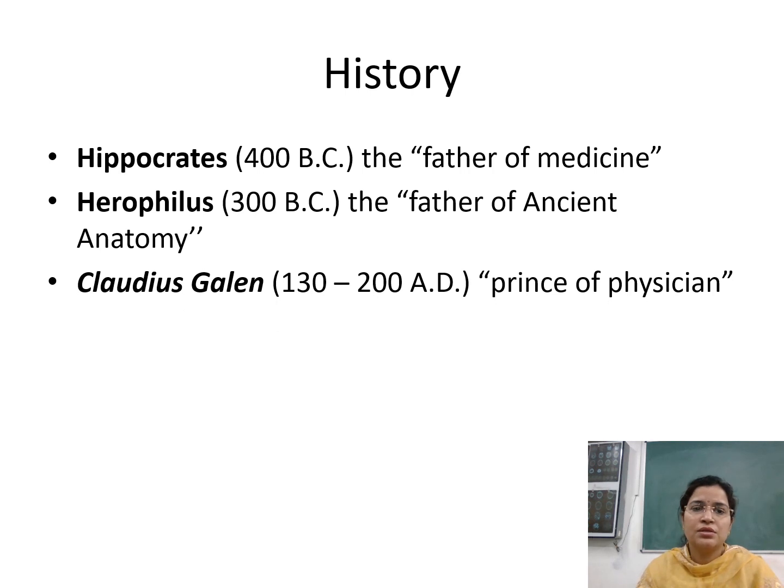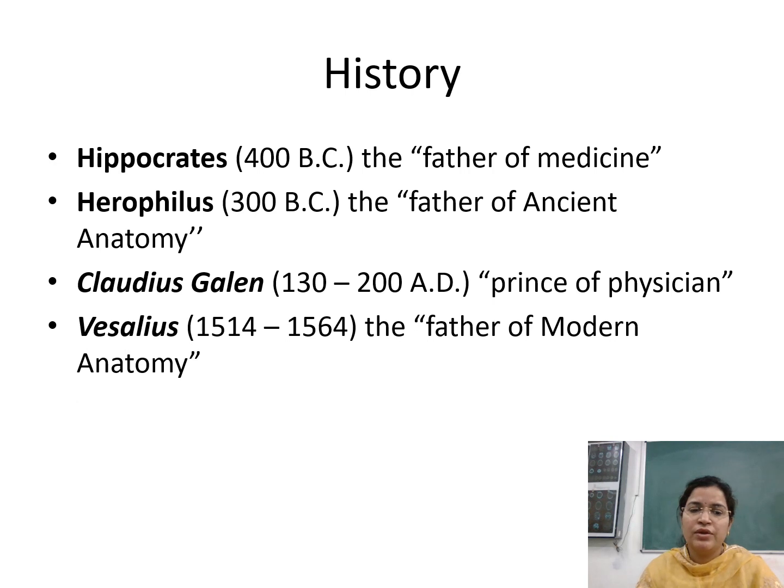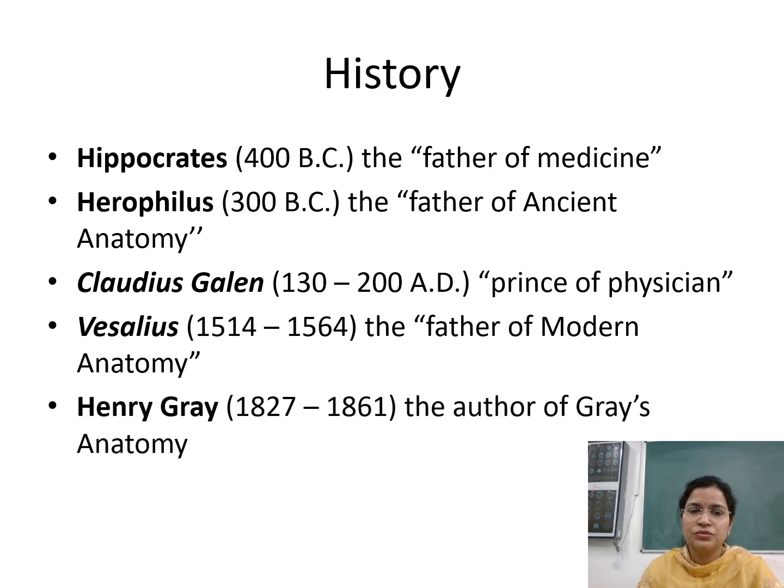Now Claudius Galen is also called the prince of physicians. Vesalius is called the father of modern anatomy. Henry Gray, surgeon and anatomist, is the author of Gray's Anatomy. He has written Gray's Anatomy.